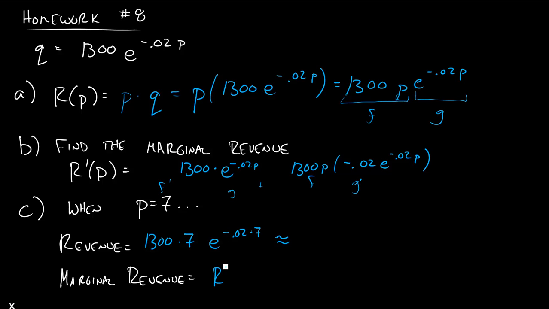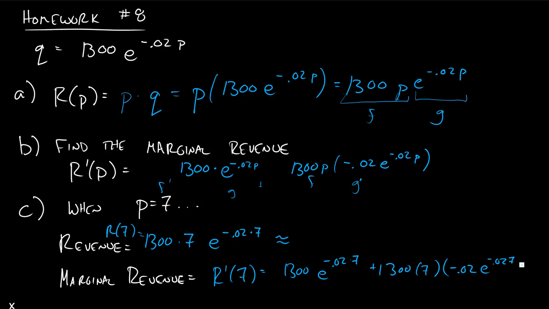This is r prime of 7, right? So r prime of 7 is equal to, we'll plug in a 7 there. In this case, that would be 1300 e to the negative 0.02 times 7 plus 1300 times 7 times negative 0.02 e to the negative 0.02 times 7.